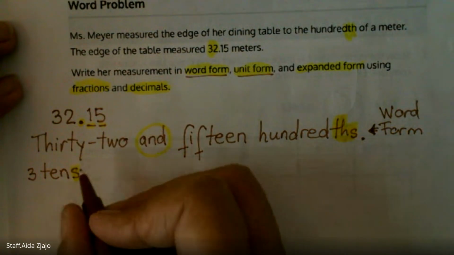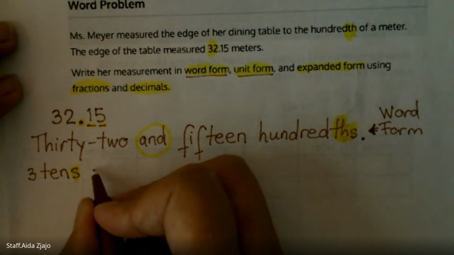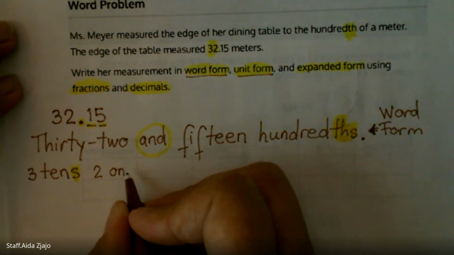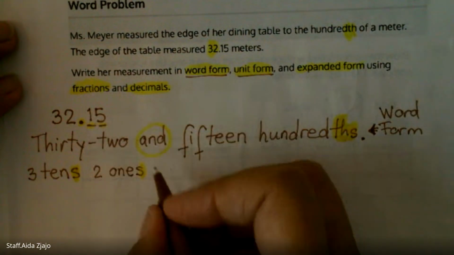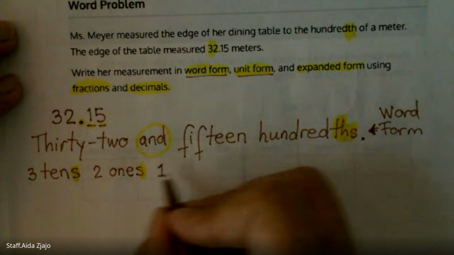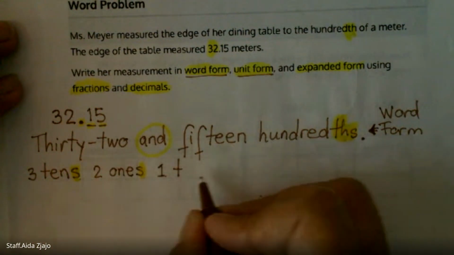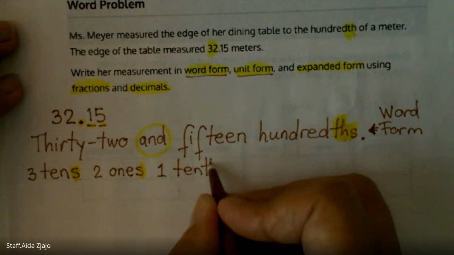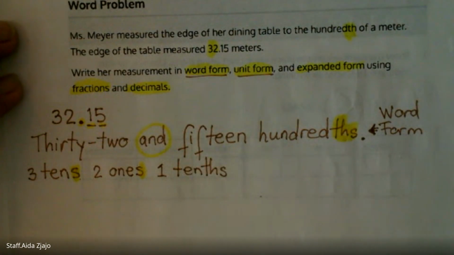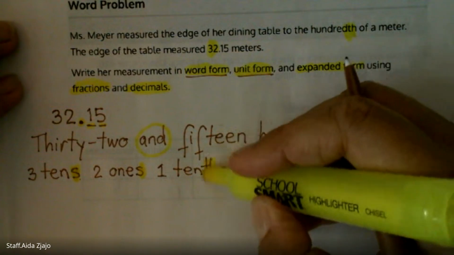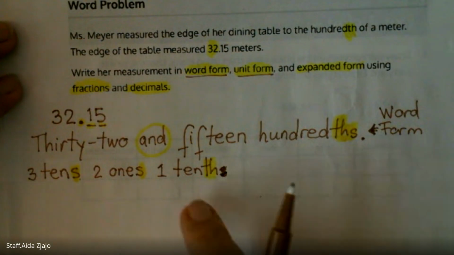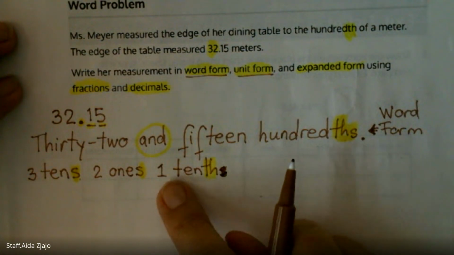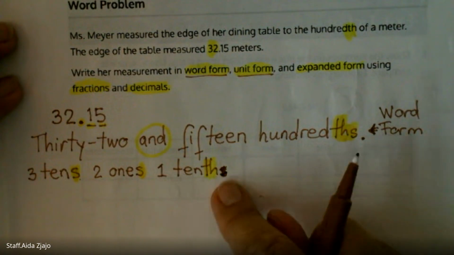I have 2 ones, and we have 1 tenth. Now we see how it's different, tenths and tenth. This is actually 1 tenth, so we don't need the S. If I have more than 1 tenth, then I will have 2 tenths with S.